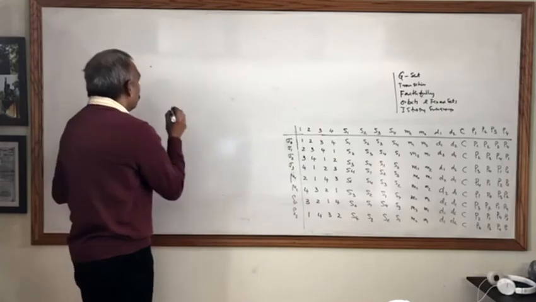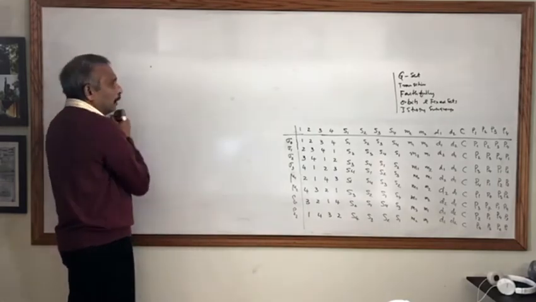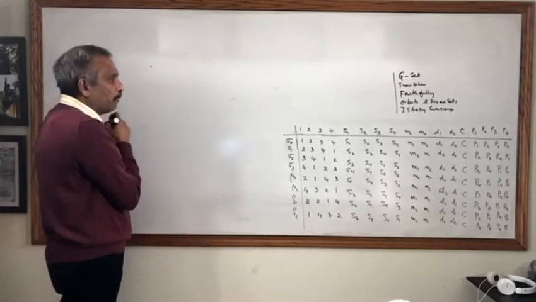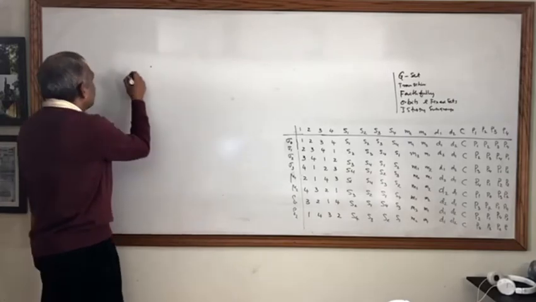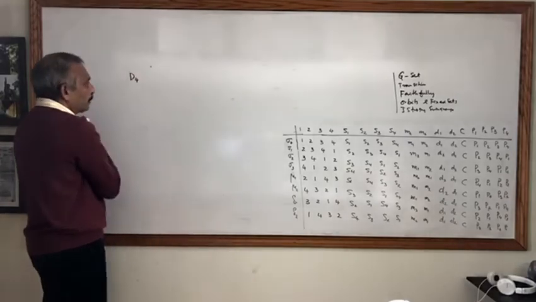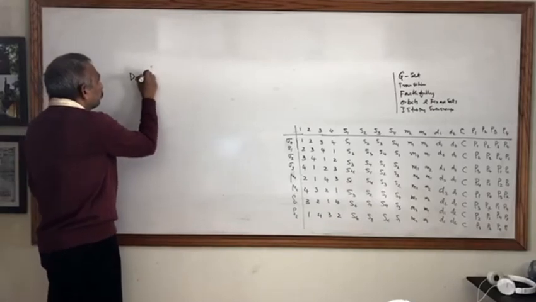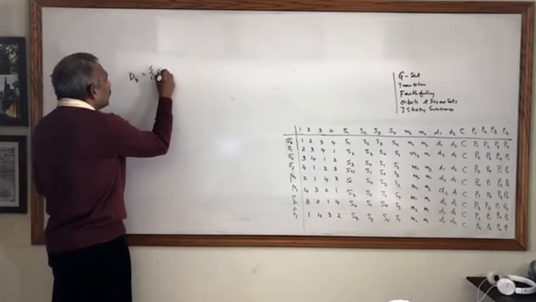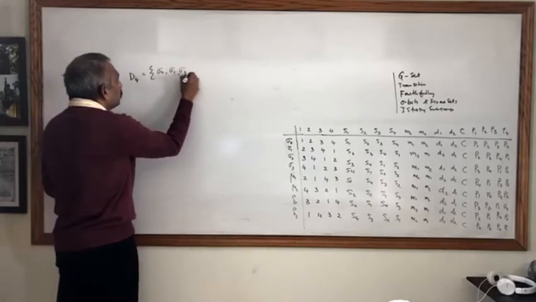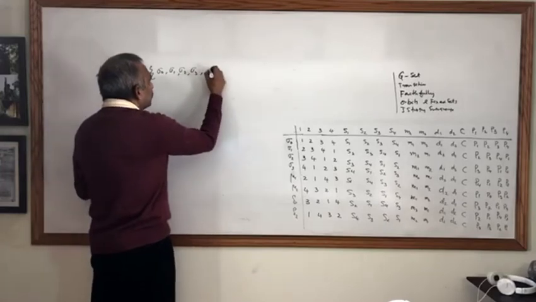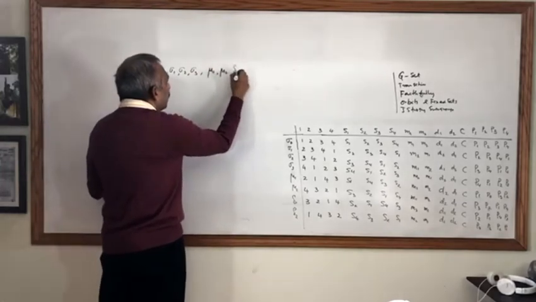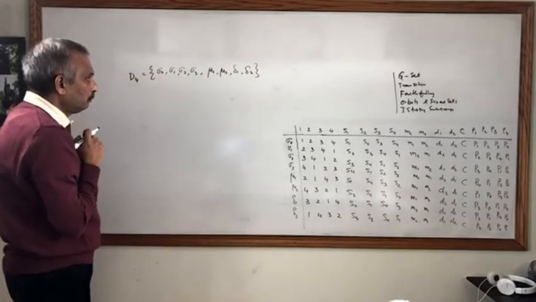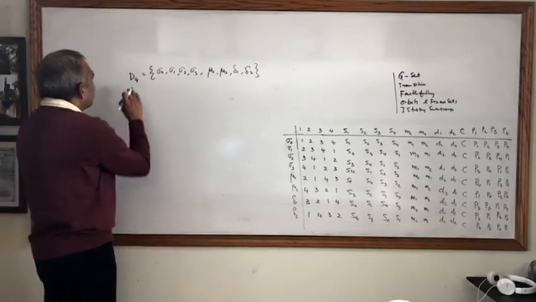We already know there is a dihedral subgroup of the symmetric group S4, that is D4, and it contains 8 elements: sigma 0, sigma 1, sigma 2, sigma 3, and mu 1 and mu 2, delta 1, delta 2. We already know about this. So this is our group.